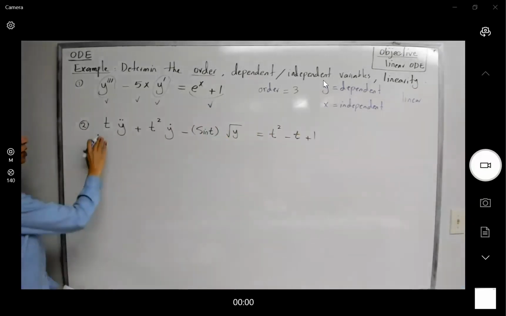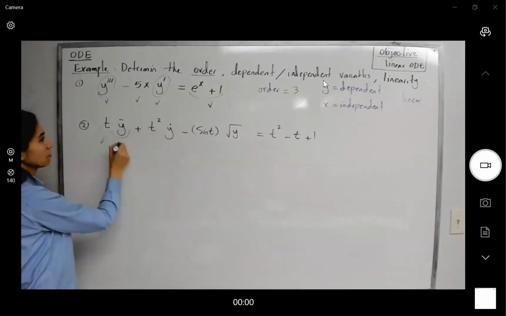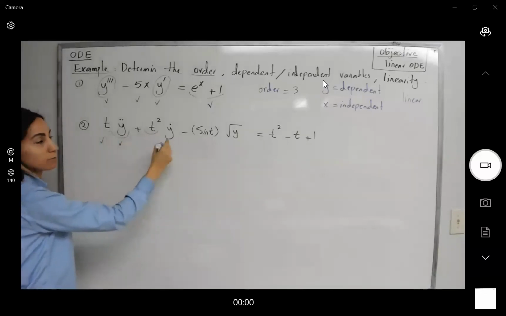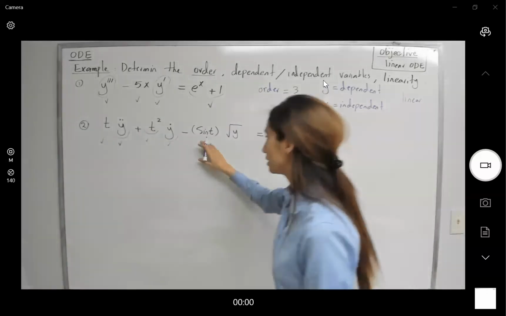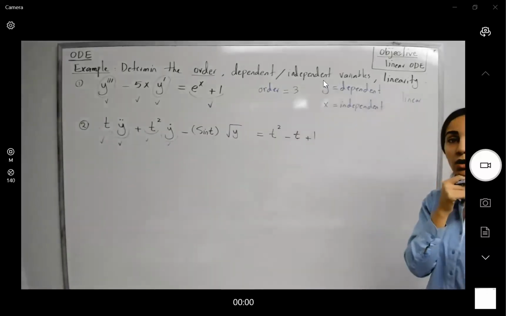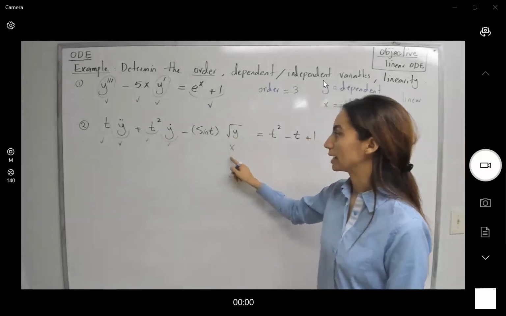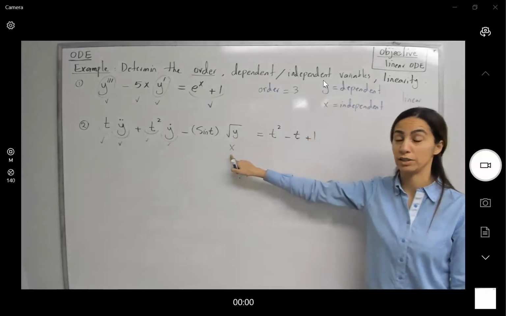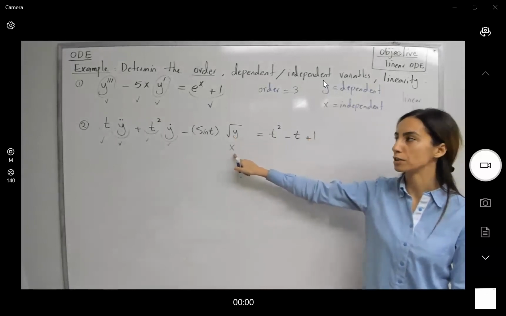Instead of x, we have t as the free variable. T is multiplied by the second derivative of y, t squared by the first derivative of y, and here you have sine t times the square root of y. The square root of y is a red flag. It means that we don't have linearity here.